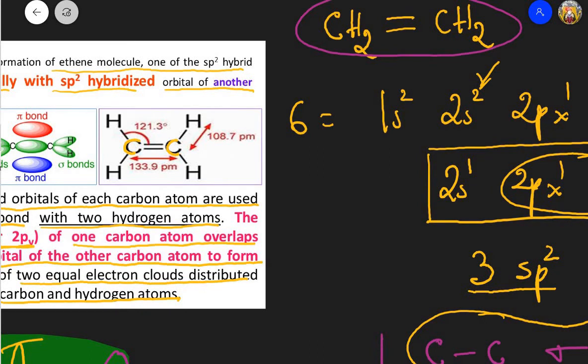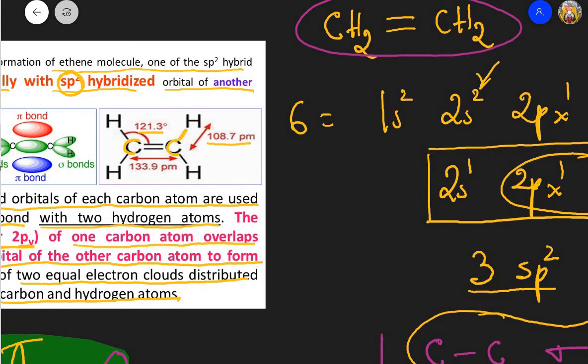The carbon atoms are sp2 hybridized. If it is sp2, the bond angle is nearly 120 degrees, but here they have given precisely 121.3 degrees, right? And the carbon-hydrogen bond length: in the previous slide we saw that it was nearly 109 picometers, but here since the carbon atom is sp2, the electronegativity is increased, so the bond length becomes shorter. The carbon-hydrogen bond length in ethene is 108.7 picometers.